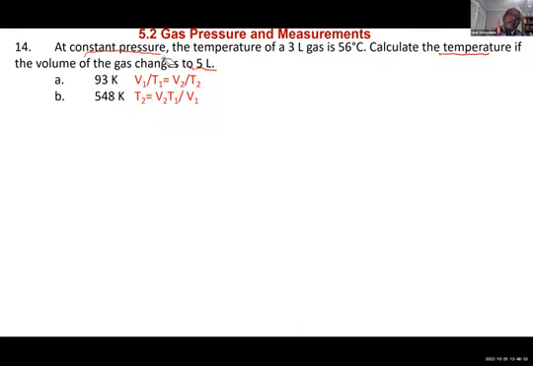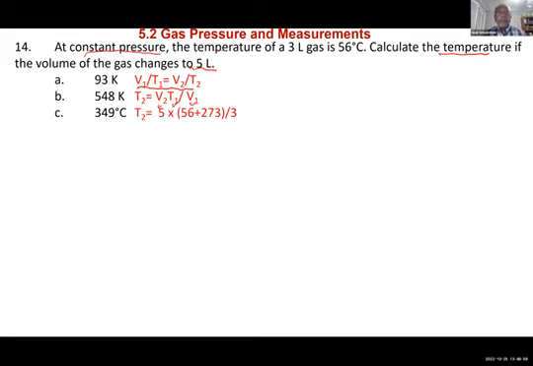You rearrange the Charles equation here. T2 is, you take it up there and all these cross, you know how to solve a problem like that. All these are given here.